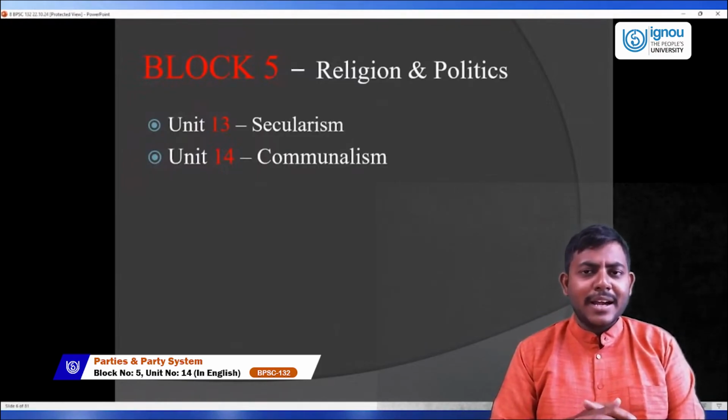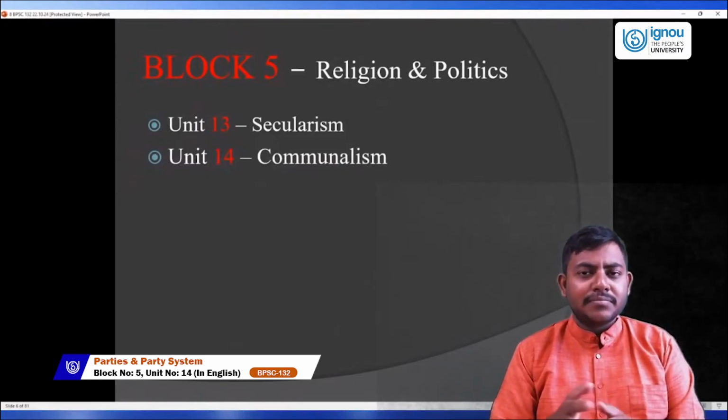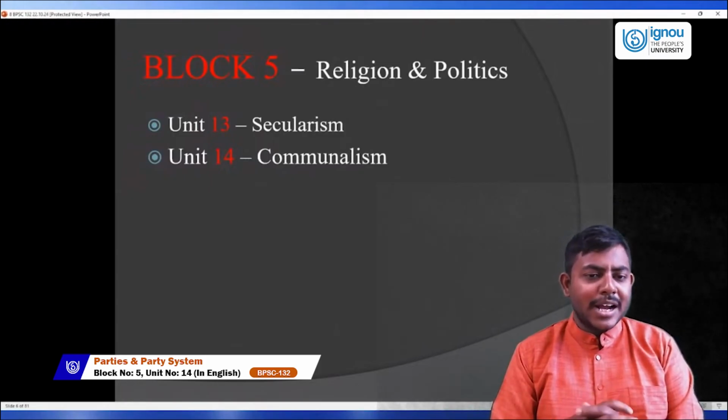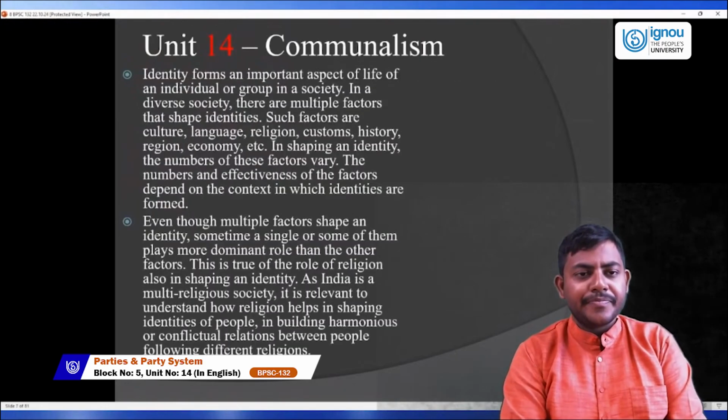As part of that, we are going to discuss the national and regional level political parties, the social and ideological basis of political parties, the pattern of coalition politics, trends in electoral behavior, the pressure groups, as well as the changing socio-economic profile of legislators. But first of all, we are going to start by discussing unit 14, that is communalism.